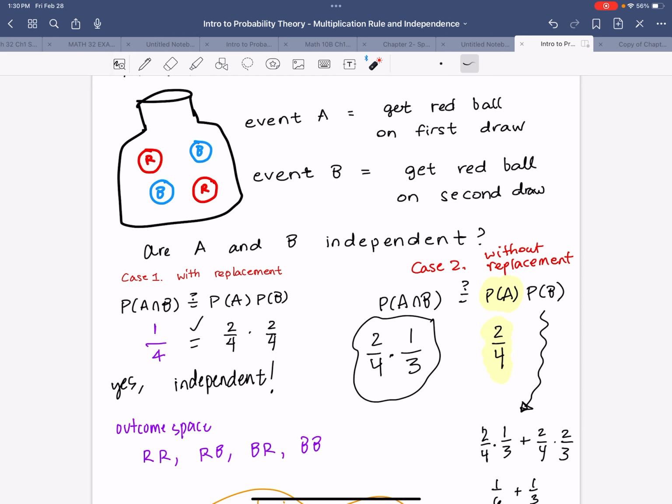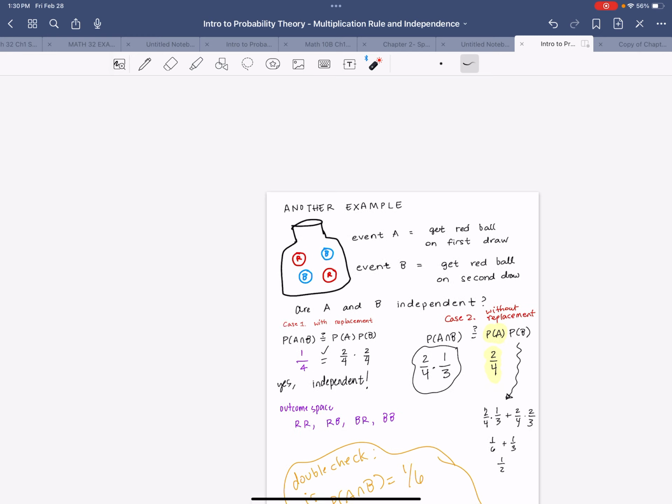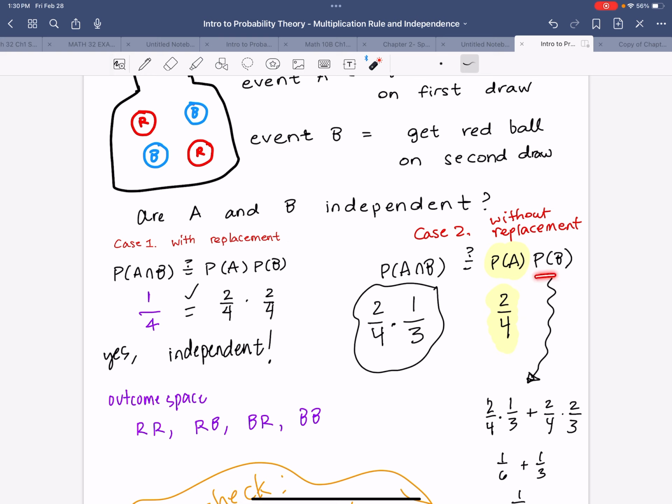The second expression was the probability of getting a red ball on the second draw. I said that's going to be a combination of the probability that you get a red ball on the first draw and then a red ball on the second draw, plus the probability that you get a blue ball on the first draw and a red ball on the second draw.